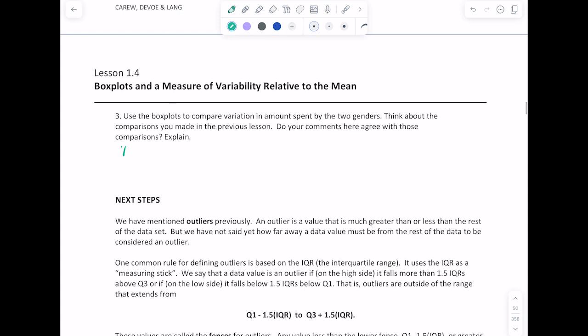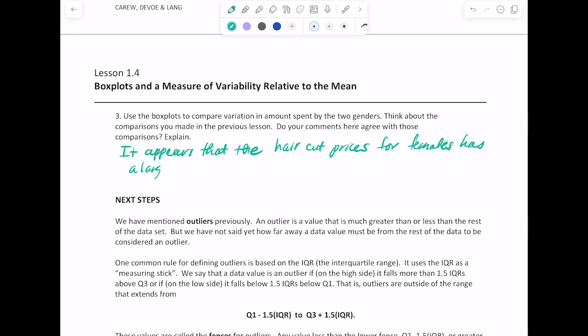So we're going to say it appears that the haircut prices for females have a larger variability than for males.